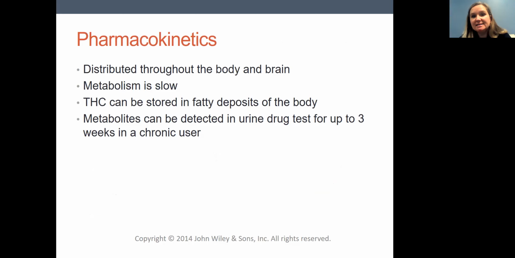So pharmacokinetics: the drug is distributed throughout the body and the brain, and metabolism is actually rather slow, and it's really slow because THC is stored in the fatty deposits of the body. And so you can detect metabolites of THC in the urine for about 3 weeks.